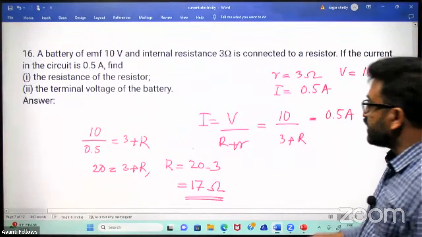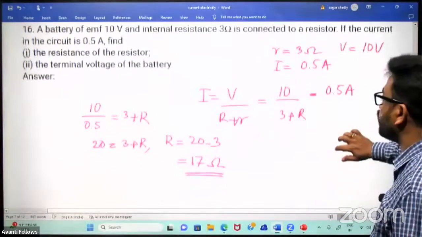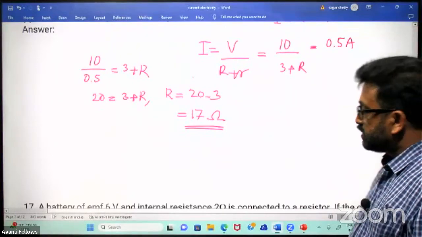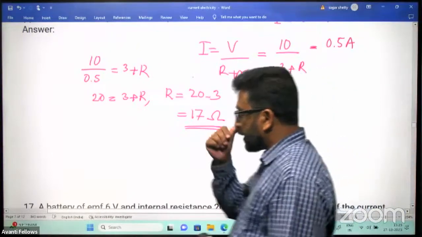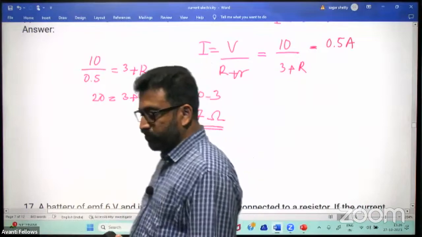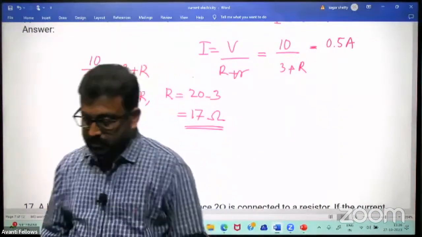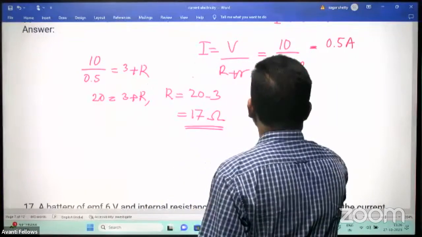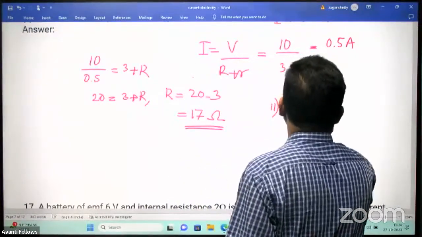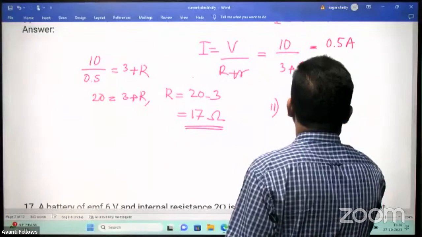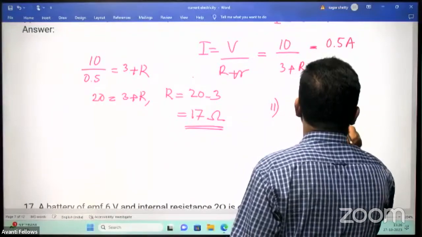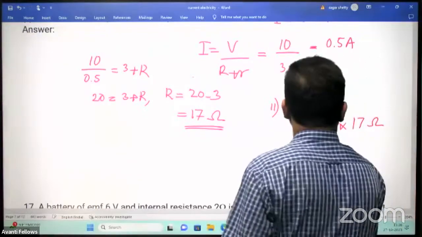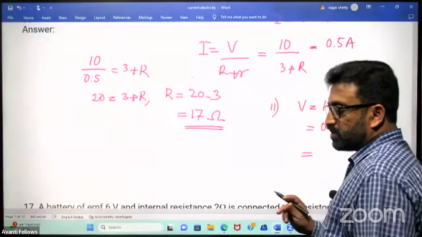Now the terminal voltage of the battery we need to find out. How to find out the terminal voltage of the battery? Terminal voltage V equals I into R. I is equal to 0.5, R is 17 ohm. So it will be 8.5 volt.